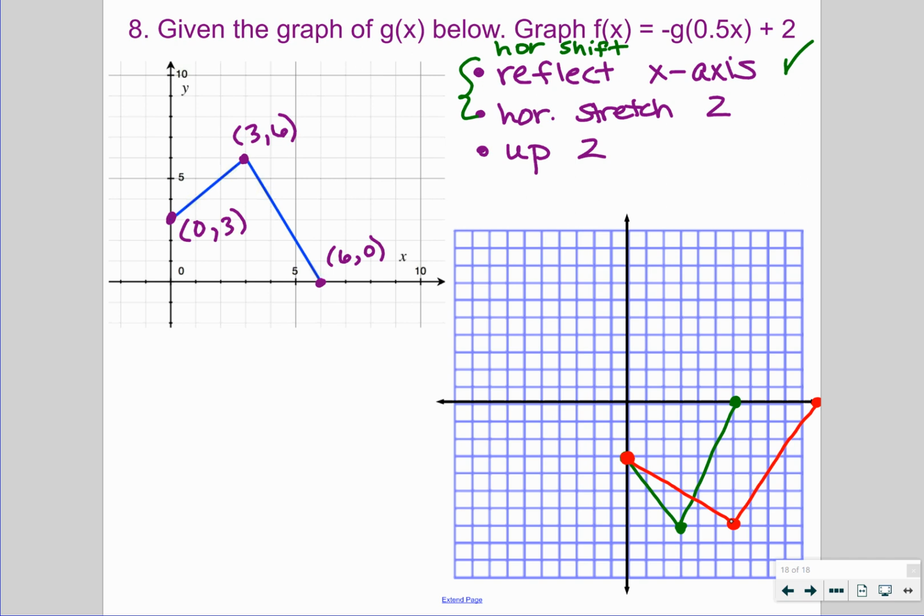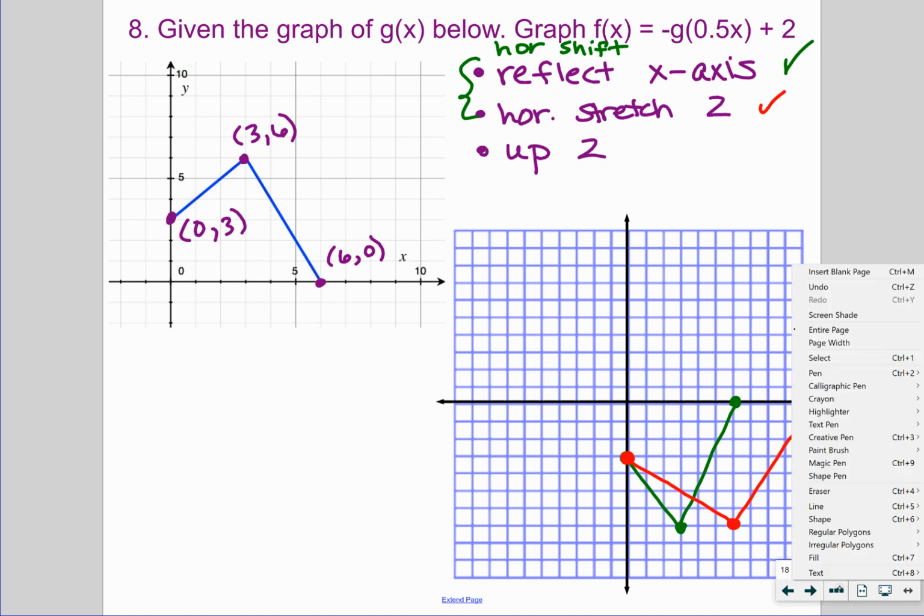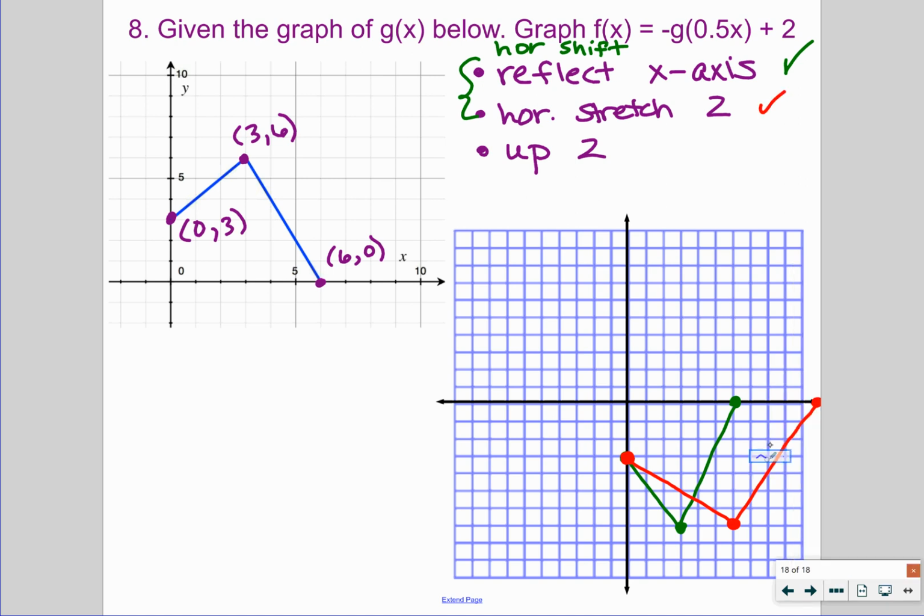The last one's the easiest one. All we have to do is move it up 2 units. Up 2, up 2, up 2. And that blue graph is our final answer. If you wanted to list the coordinates of the blue graph, let's see, (0, -1) would be that first one.